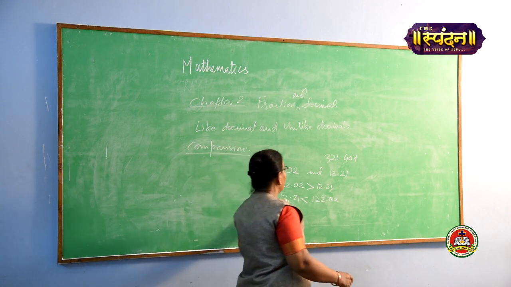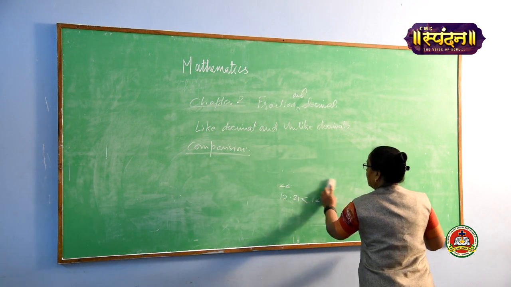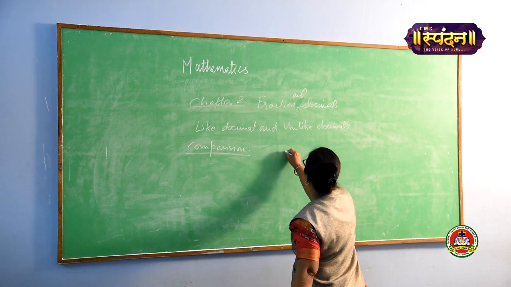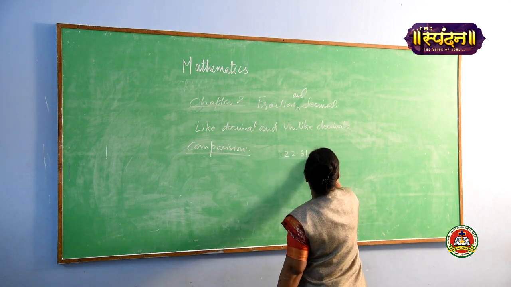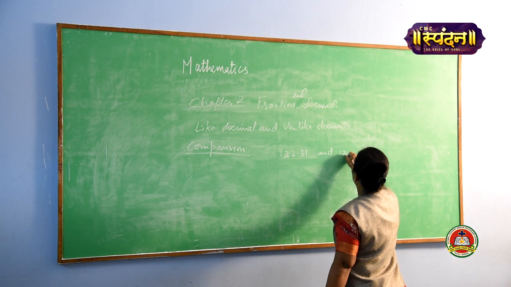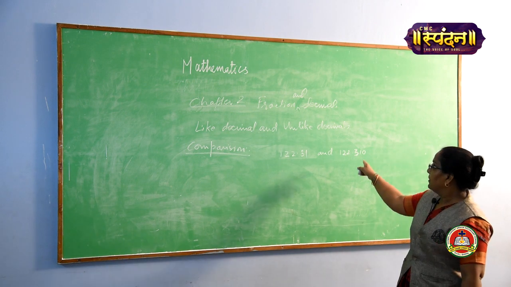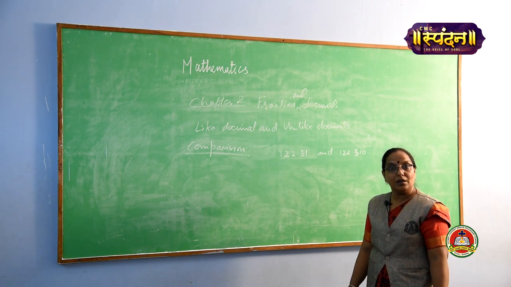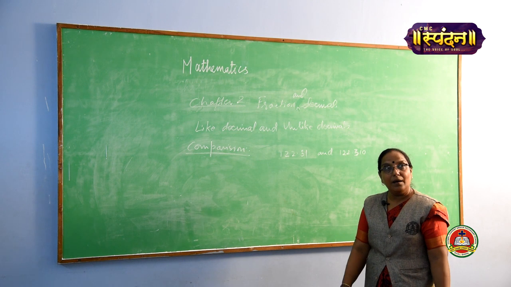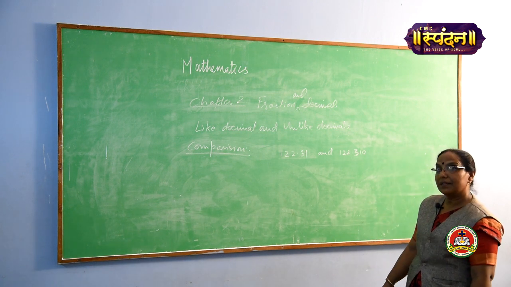Now, tell me, if I am going to compare like this, suppose 122.31 and 122.310. Now, tell me, can we say that both the numbers are equal? Tell me. Yes.